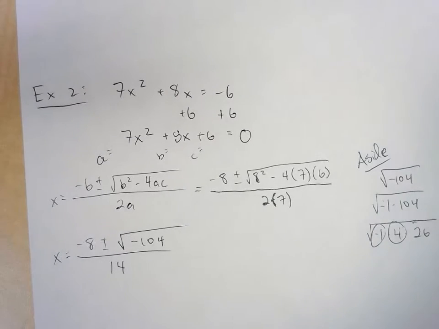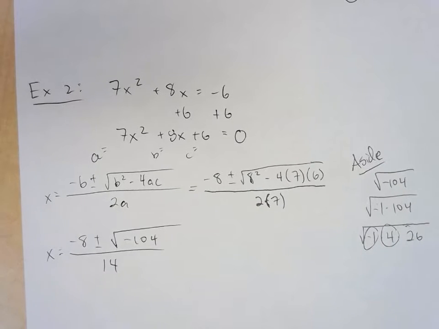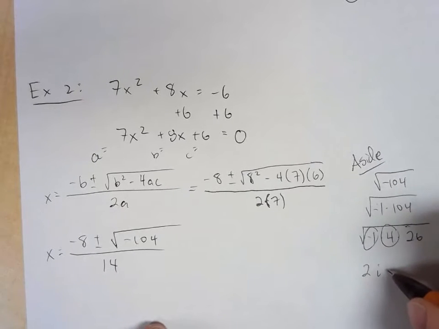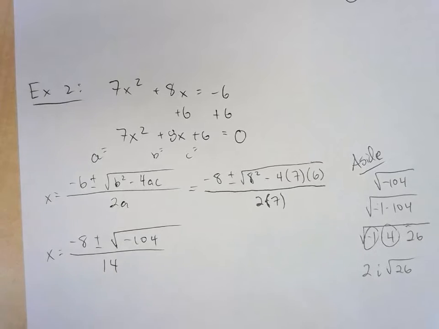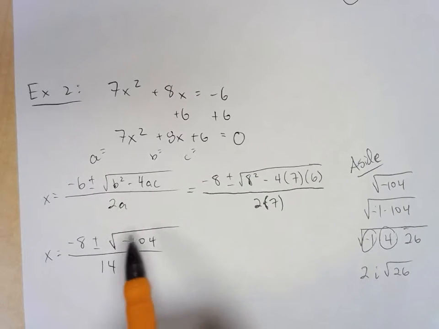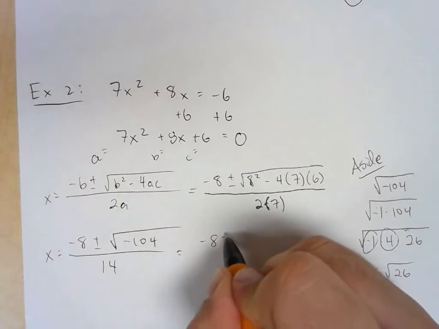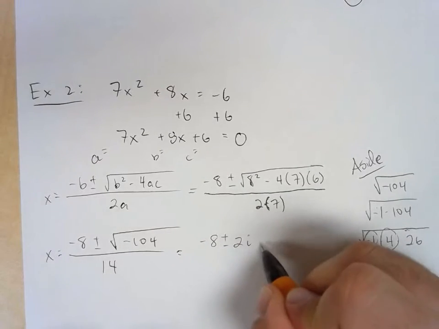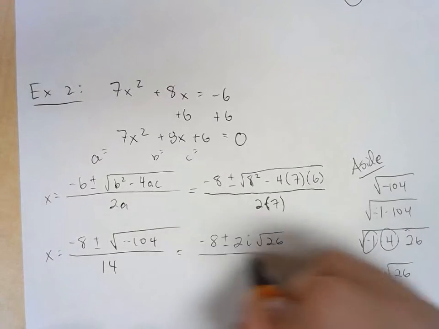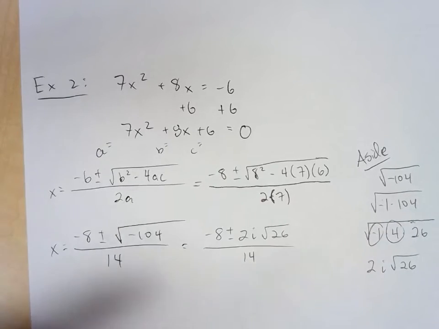So we're going to have 2i square root of 26. So we're going to replace our square root of negative 104 with 2i square root of 26, negative 8 plus or minus 2i square root of 26, all divided by 14. We know there's a negative number.